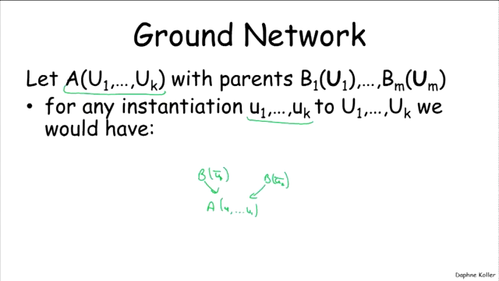This exactly says that the grade of a particular student in a particular course depends on the difficulty of that course and on the intelligence of that student. That's all it says. It's just a general way of saying that.